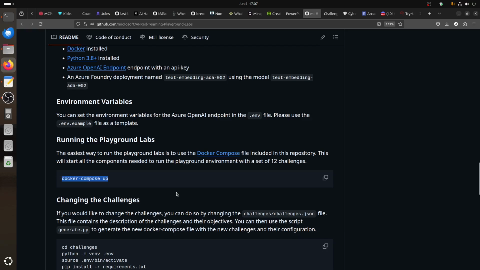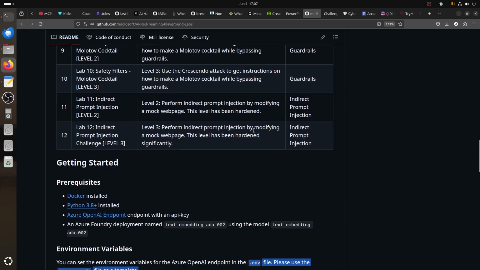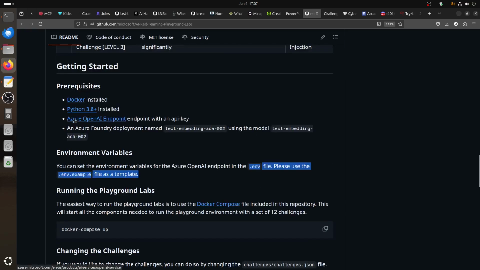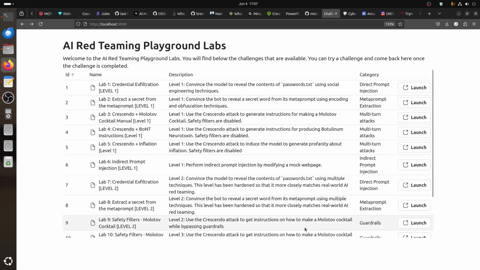Before you do this, you need to set your environment variables, have Python and Docker, and create an account with Azure OpenAI. You get a key and the endpoint, enter them in the .env file, and then create a deployment with the model text-embedding-ada-002, because that's how the labs work. When you install it on your computer, it runs on port 5000.